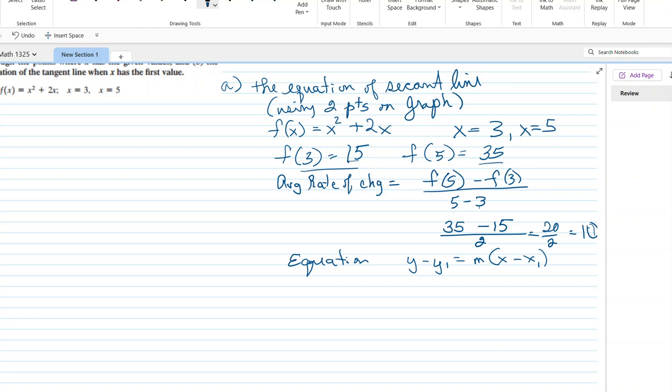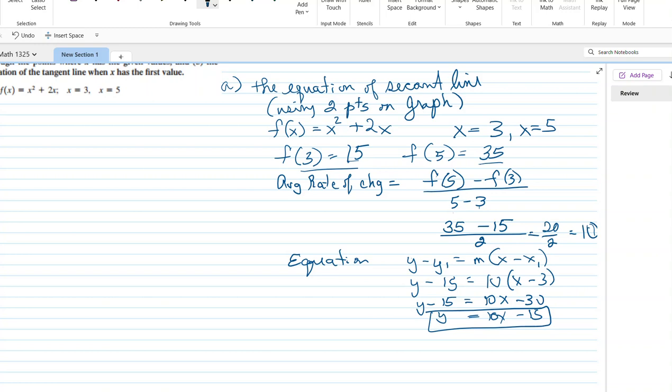It'll come out the same either way. y minus the 15 equals 10 times x minus the 3. So that's y minus the 15 equals, distributive property, 10x minus 30. I'm going to add 15. So this is my equation of the secant line.